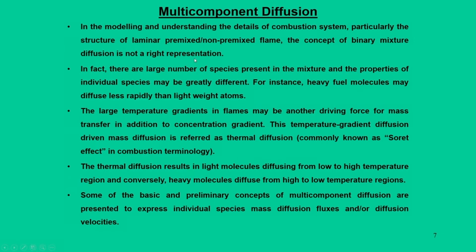But in a combustion system there may be many species with interrelated coefficients, and the species can behave differently in a mixture. So instead of binary diffusion coefficients, we write effective diffusion coefficients, which are more appropriate when there are multiple species. In fact, a large number of species are present in the mixtures, and the properties of individual species may be greatly different.